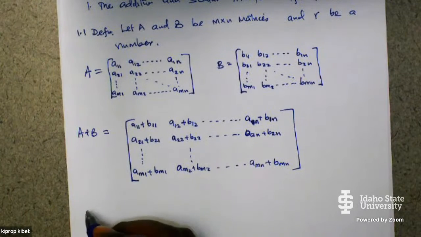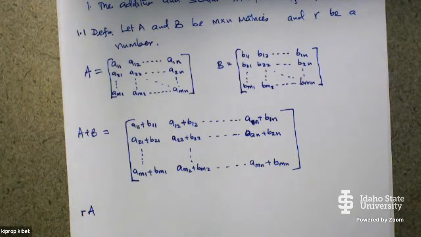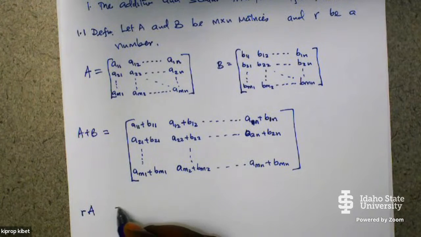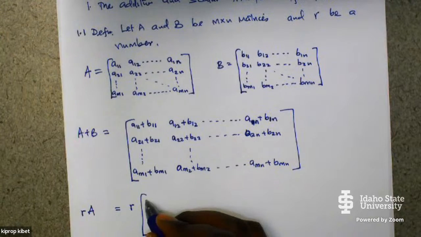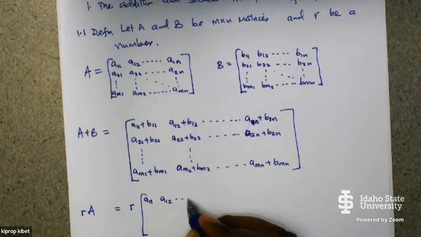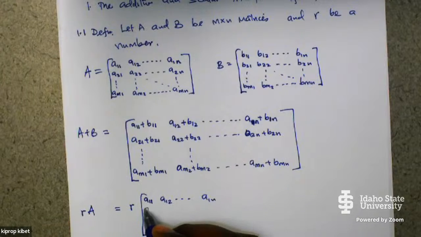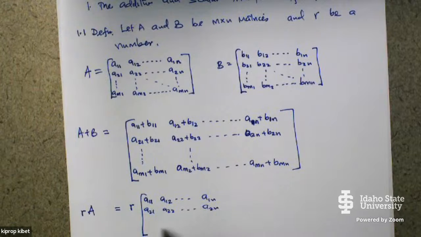Now, if we multiply by R, let's say RA, if R is a number, then RA is R multiplied by the matrix with entries A11, A12, A1N, A21, A22, A2N, AM1, AM2, AMN.